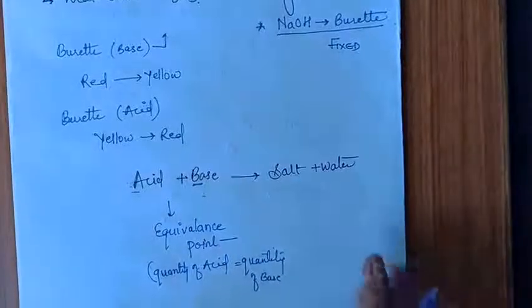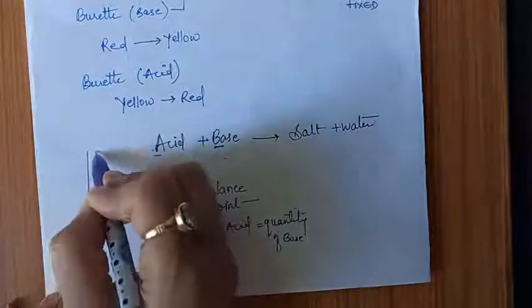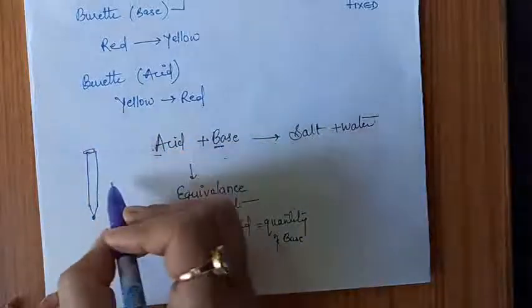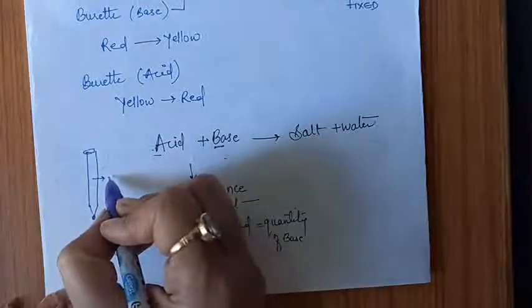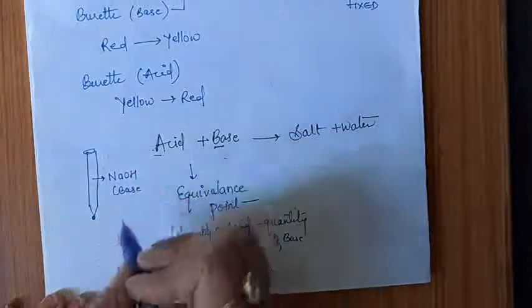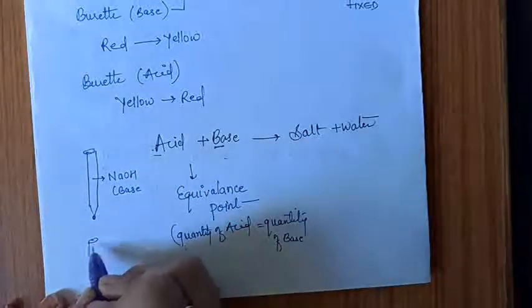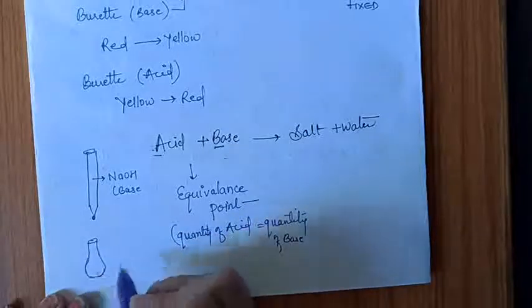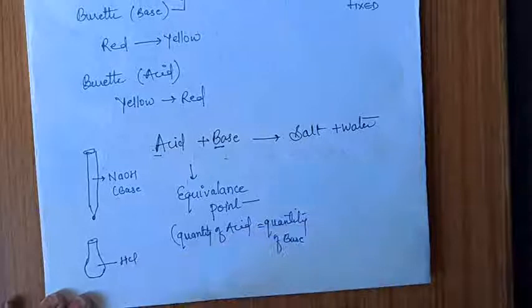Now how to understand this? Supposingly this is your burette, okay, and in this burette you have filled NaOH, which is a base, and in the titration flask you have taken HCl, right?